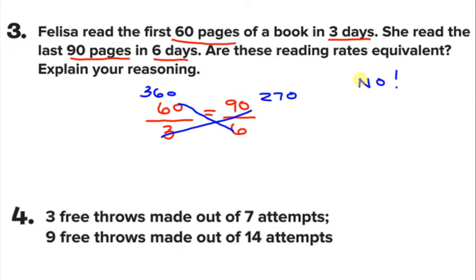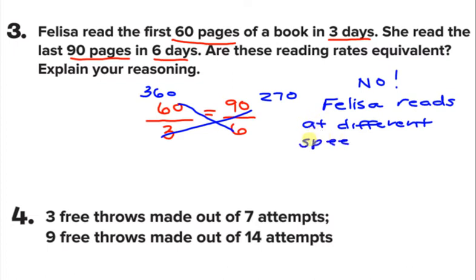And the reason why is because Felicia reads at different speeds for each ratio.